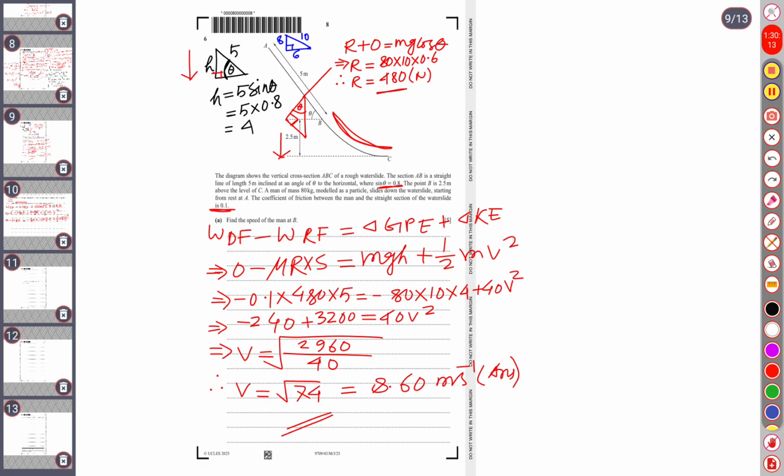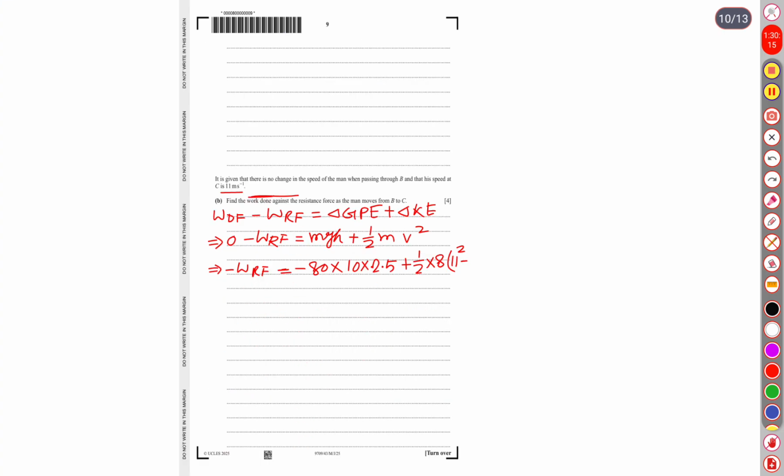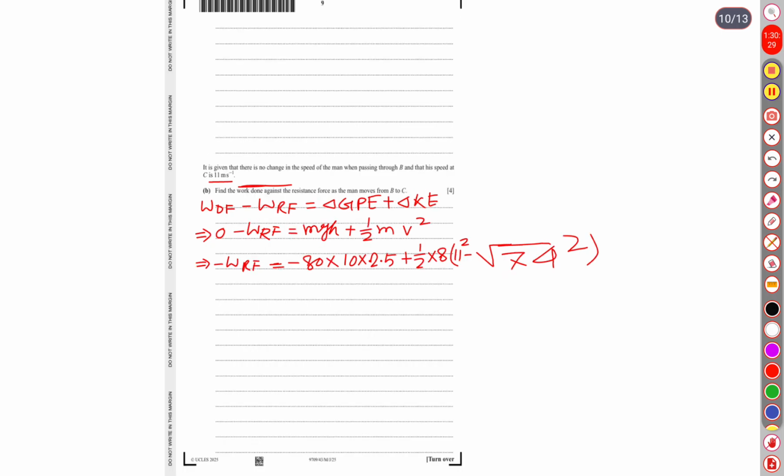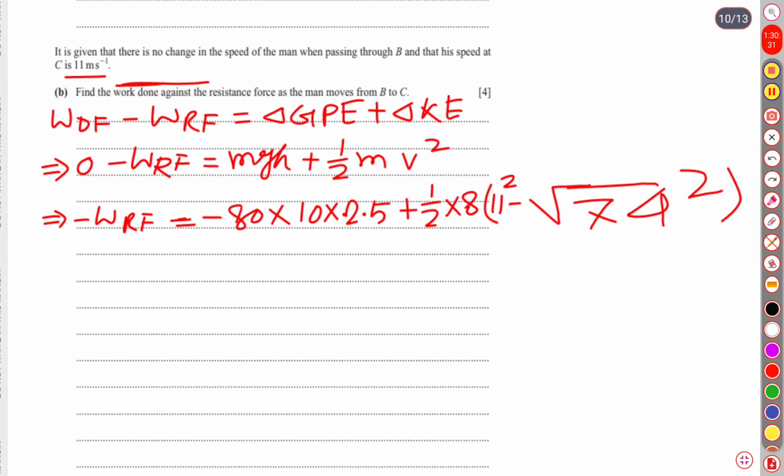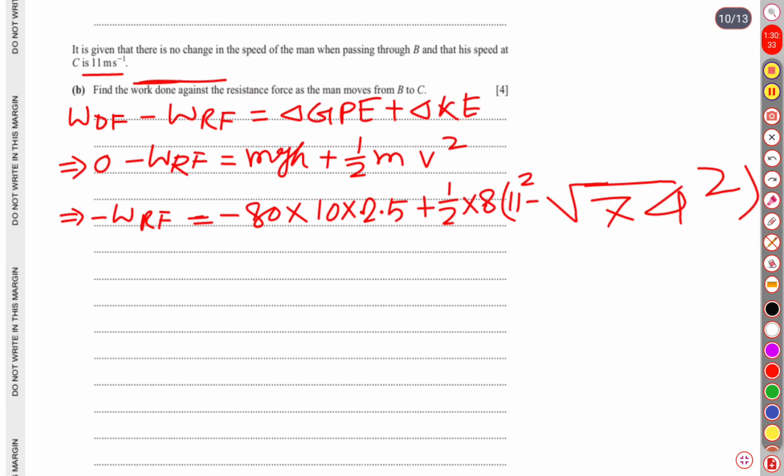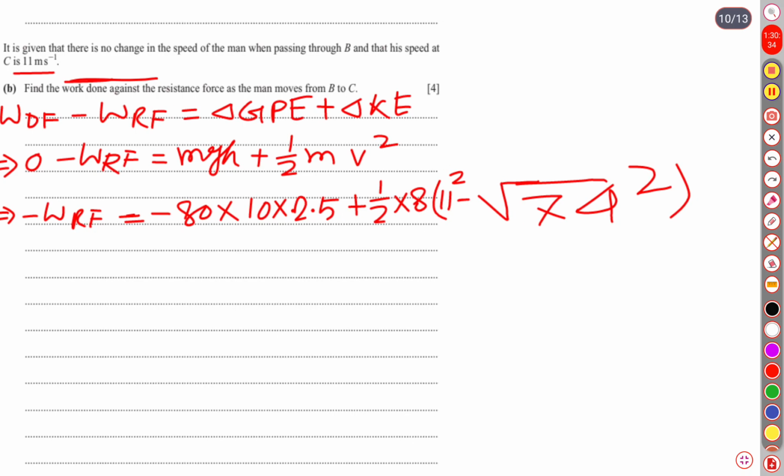So we can apply this exact value, minus square root of 74, then square. Okay, so final velocity minus initial velocity, or work done by resistance force.